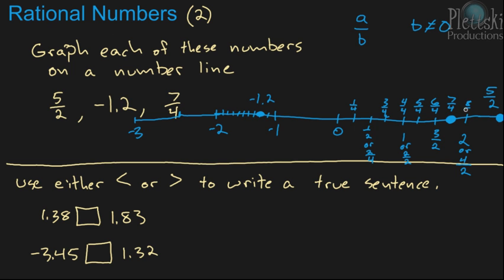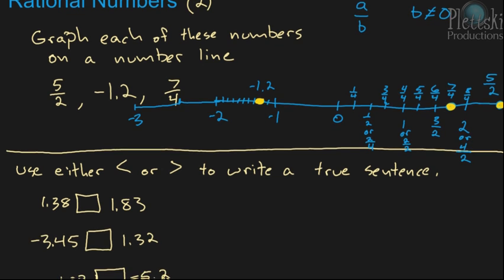So we labeled our points here: we have 5 halves, 7/4, and negative 1.2. So that's putting them on a number line. And if you're able to do that, then you should be able to compare these rational numbers.